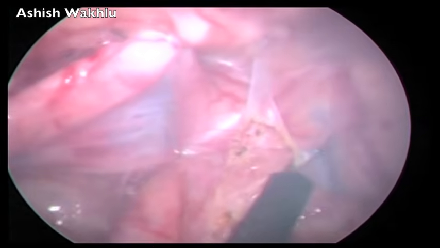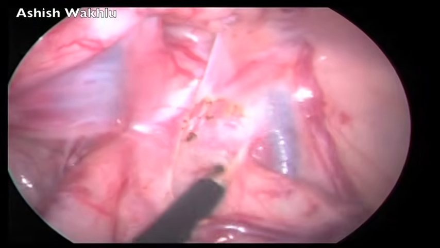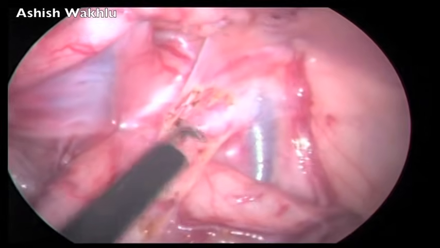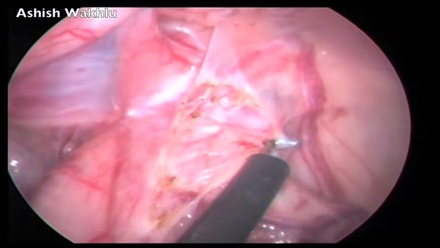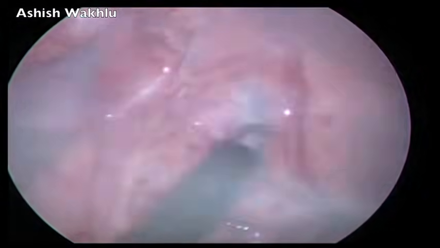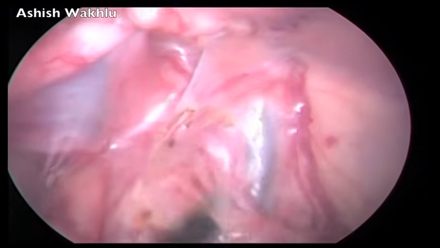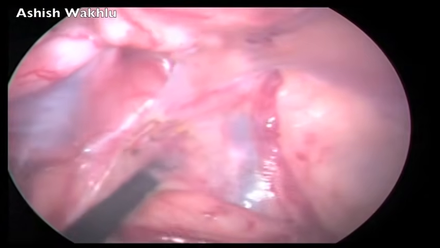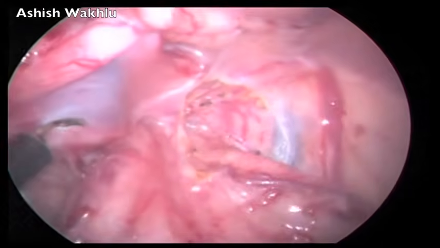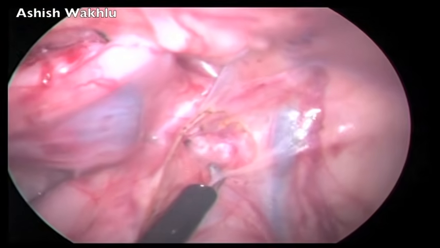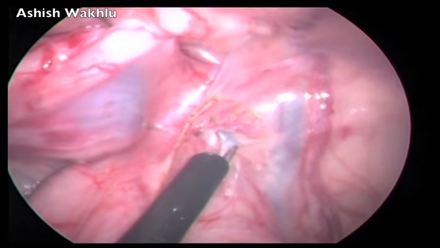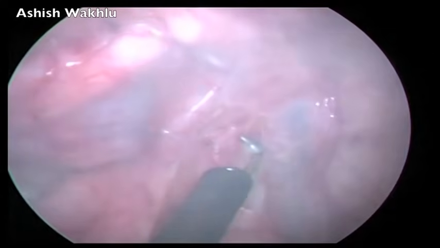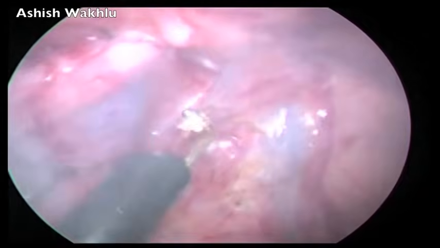That opens up a potential plane through which the dissection can continue along the fistula into the pelvis. The right internal iliac vein is visualized with the testicular vessels crossing over it.